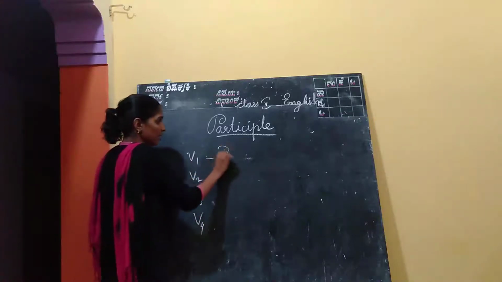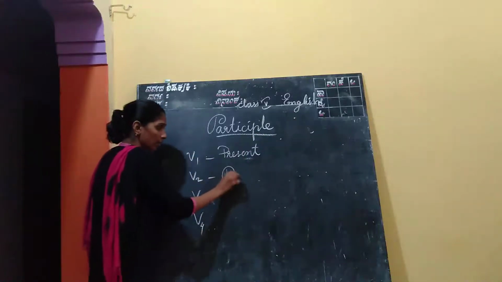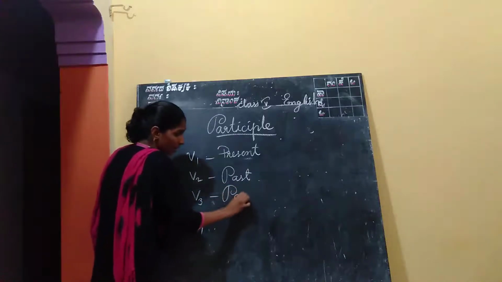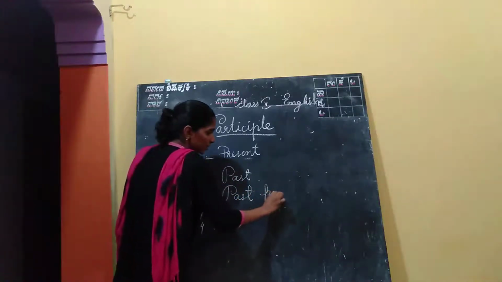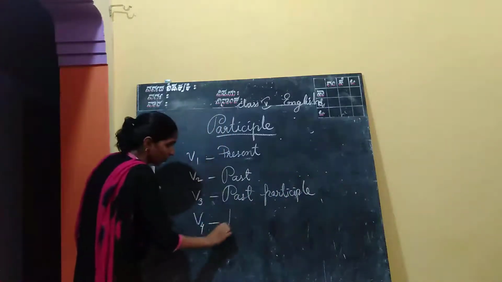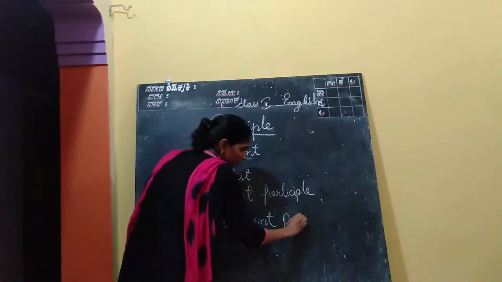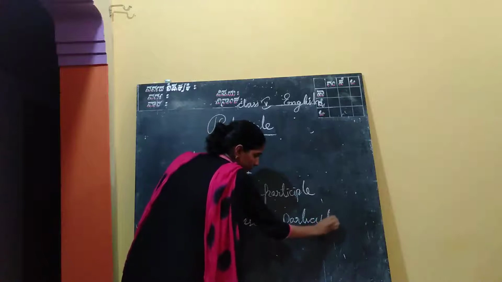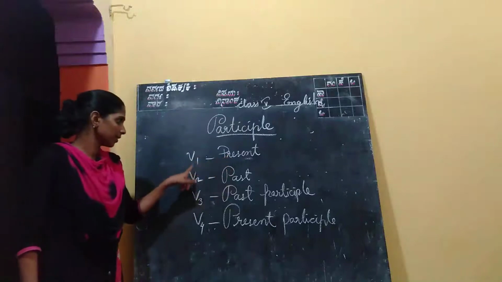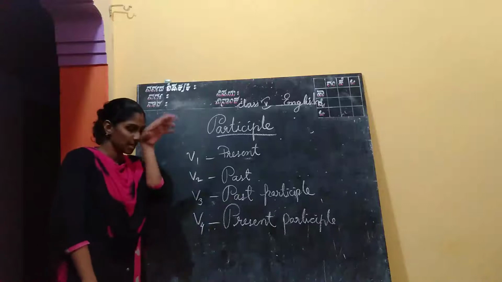V1 in the sense present, V2 past, V3 past participle, V4 present participle. See, V1 present, V2 past, V3 past participle, V4 present participle.